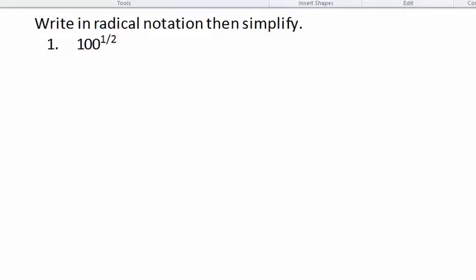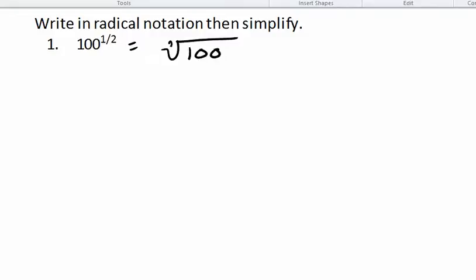We can use that to make solving rational exponents easier. So if we have a problem like this with rational exponents, we can change it to radical notation, just like we did at the top. 100 is the radicand, so it goes underneath.